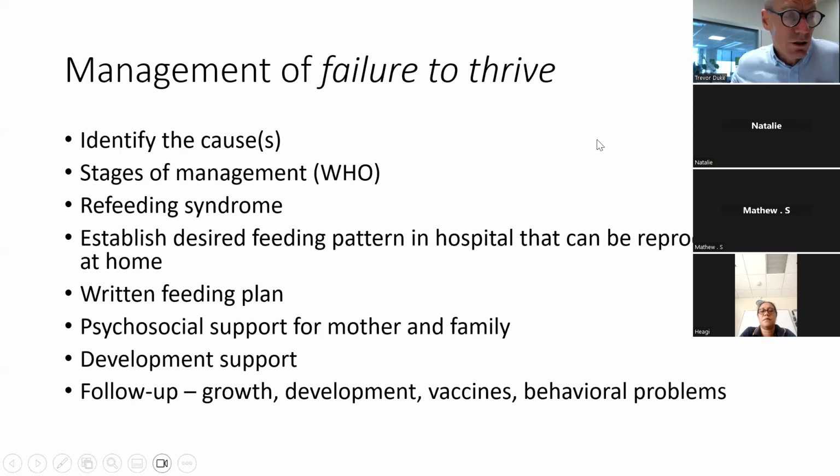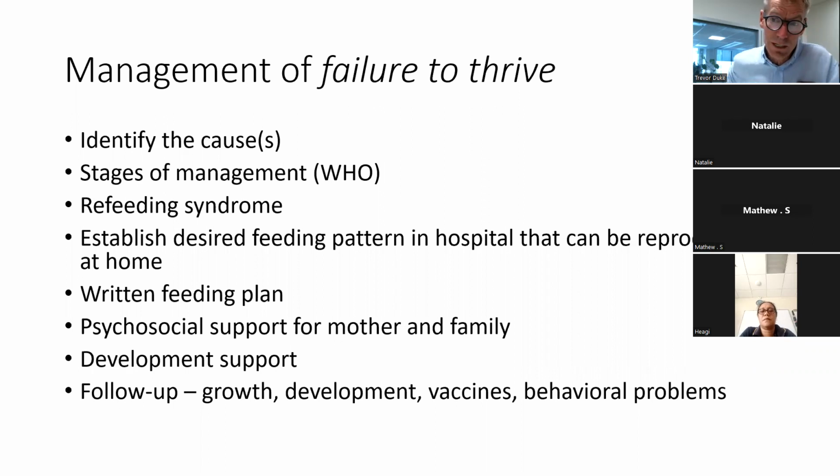So just going back to the start of this talk and going back to failure to thrive, remember I said we should be trying to identify failure to thrive early. We should be trying to identify the causes of failure to thrive in relationship to reduced energy intake or reduced energy absorption or increased energy utilization or psychosocial factors or genetic or syndromic factors.